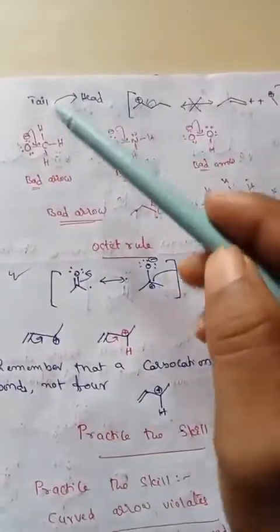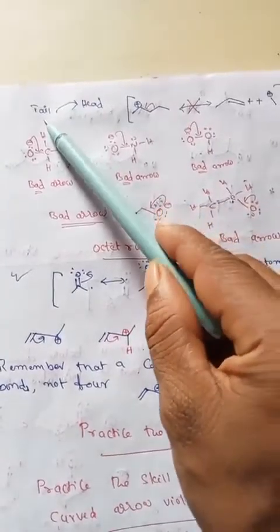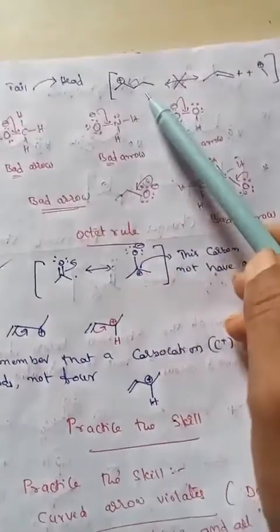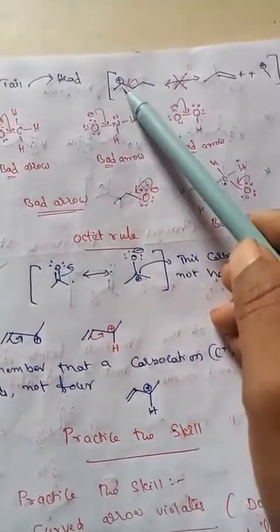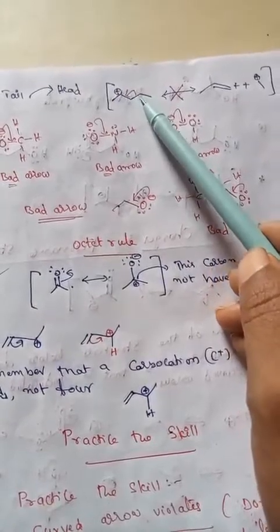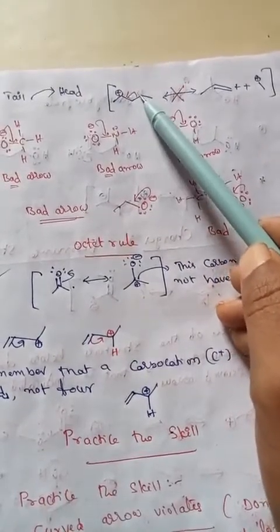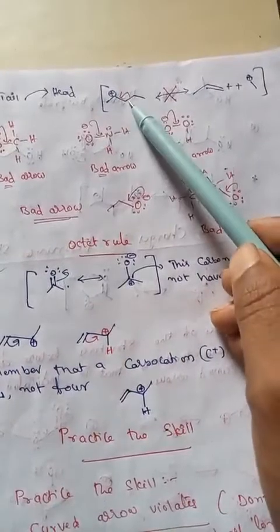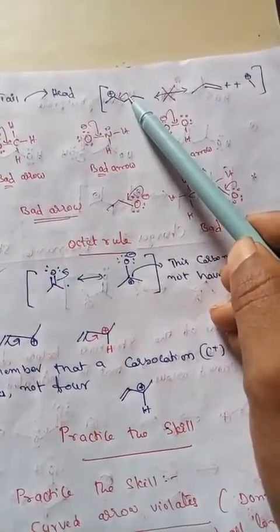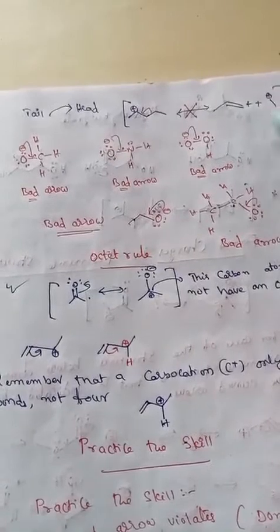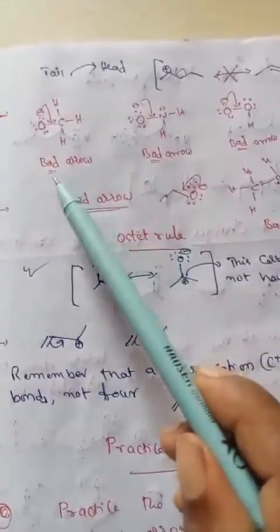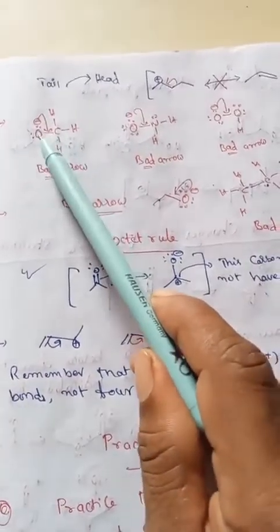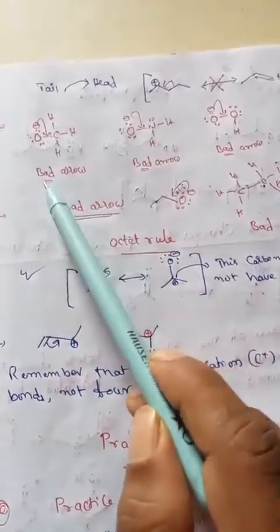So these are the functional groups present in these molecules. And it is important how to represent resonance structures. This is the tail and head model, and for example you can see here 1 2 3 4 5. Here is a secondary carbocation, so this is the wrong representation, because it is very difficult to break a sigma bond. So this is the wrong representation of the conjugation. For example, methoxide anion is there, and the flow of electrons like this is a bad arrow.